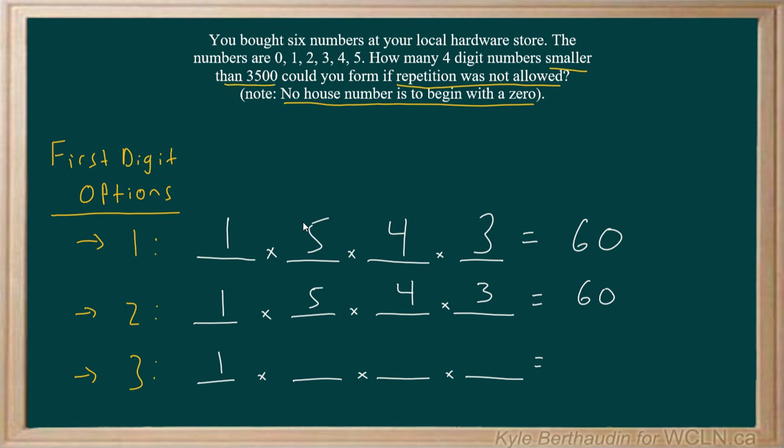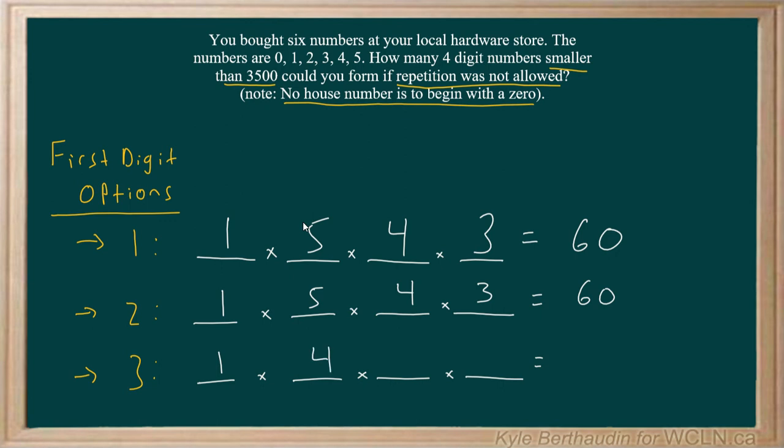In other words, we can't have our second digit be a 5 if our first digit is a 3, because then we are not going to be smaller than this number, but rather equal to it. So we can't choose the number 3 for our second digit, and we also cannot choose the number 5 for our second digit. That leaves us with only 4 options for our second digit.